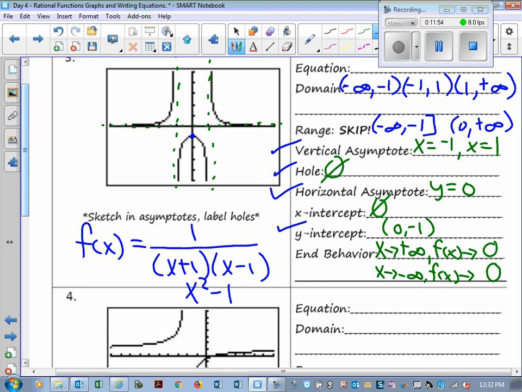That's what tells you there's a horizontal asymptote on the x-axis. If there's a horizontal asymptote on the x-axis, is it possible that the graph touches the x-axis?